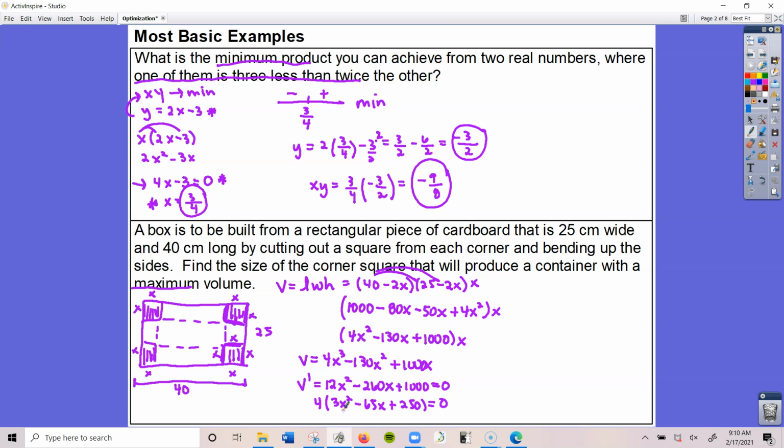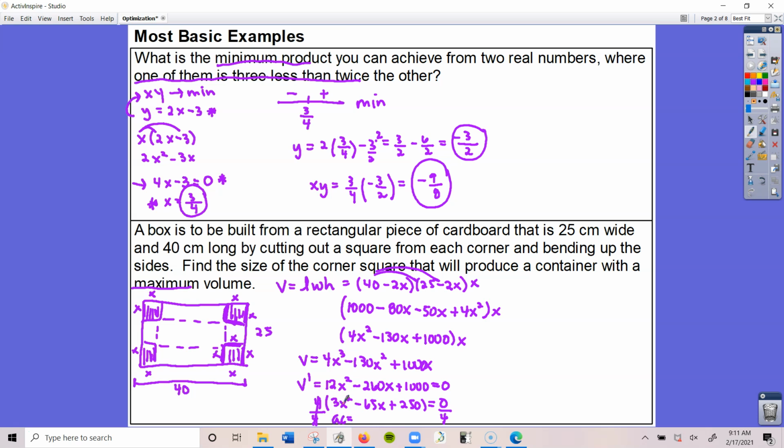We have to make this quadratic equal to 0, and you can do that in two ways. You can either use the quadratic formula, or we can use the AC method to factor it, which is the route that I'm going to take. So first I'm just going to get rid of this 4, because regardless it's not going to affect our answer, because 0 divided by anything is still 0. So I'm going to work with this here.